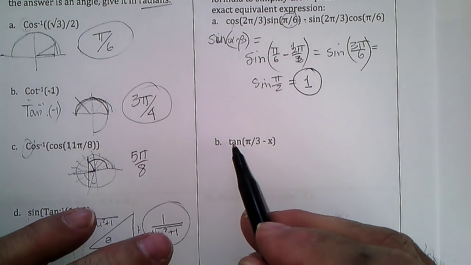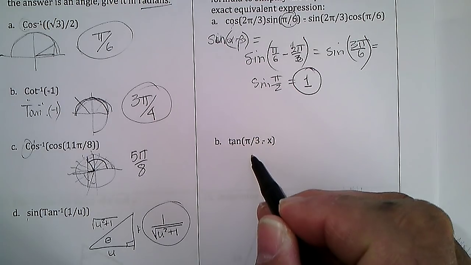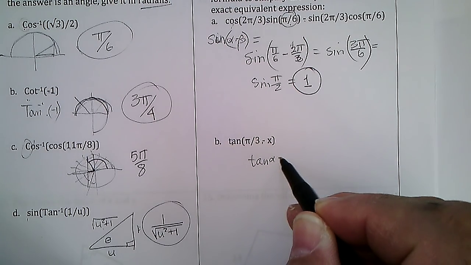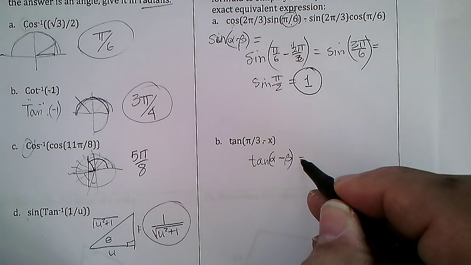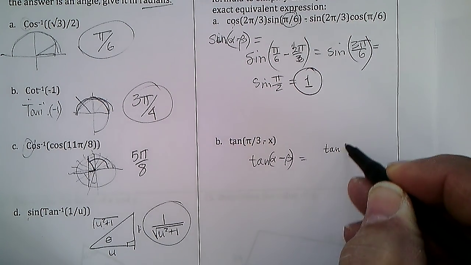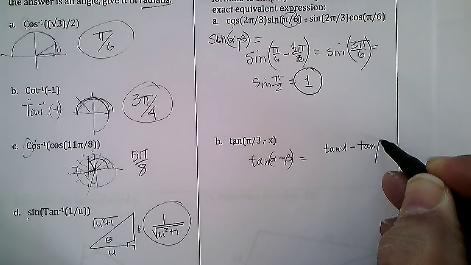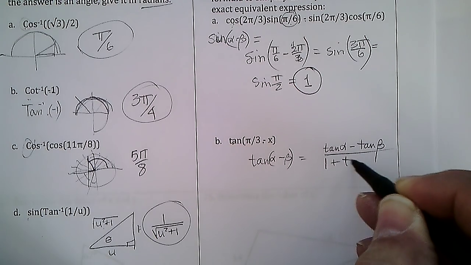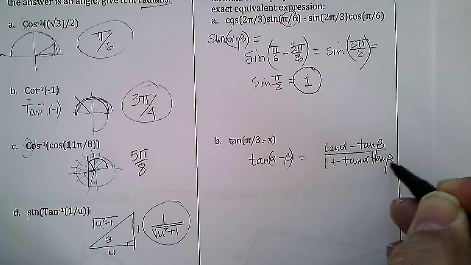Okay, so now we've got to use the tangent of the difference formula. And the tangent formula is tangent of alpha minus beta, because we've got two angles subtracted, is tangent of alpha minus tangent beta over 1 plus tangent alpha tangent beta.